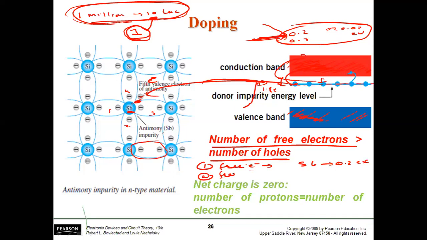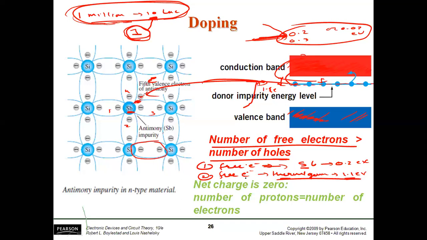Second, free electrons will be due to thermal generation also. You cannot ignore that. This is a natural process, thermal generation. For this, the minimum energy required is 1.1 eV. So you have free electrons from two sources, one from the impurities and second from thermal generation. That is a natural process.